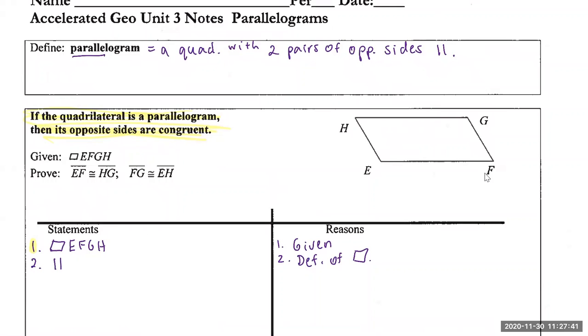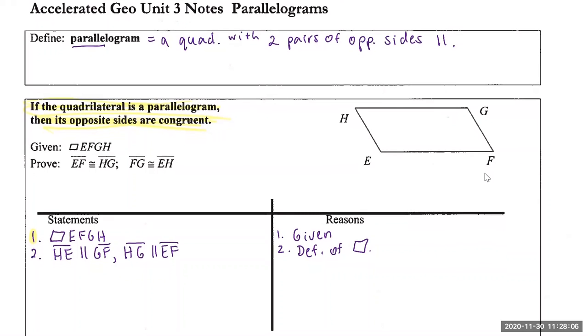So for example, you know HE is parallel to GF. You also know HG is parallel to EF. They sound kind of the same because the letters rhyme too. Again, by definition, I can conclude that.